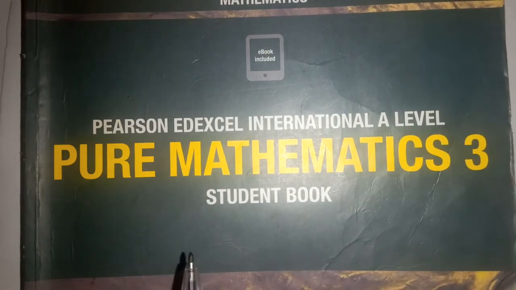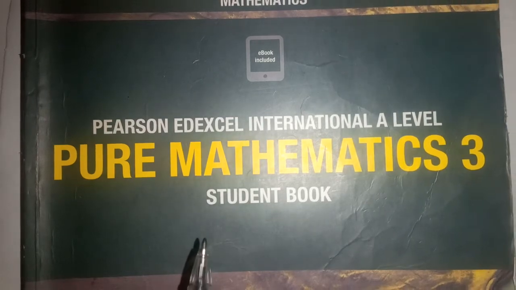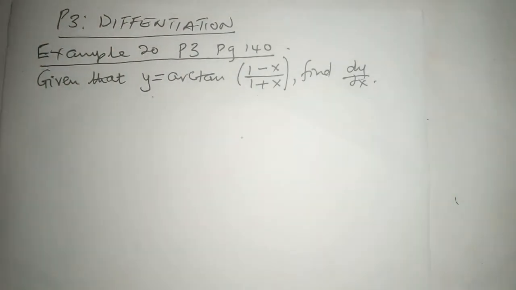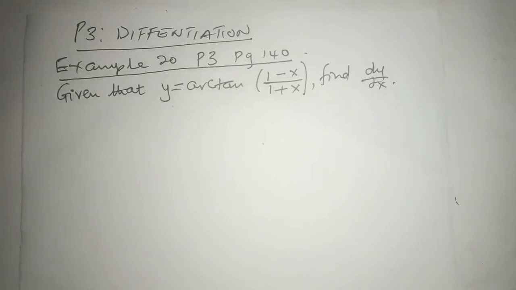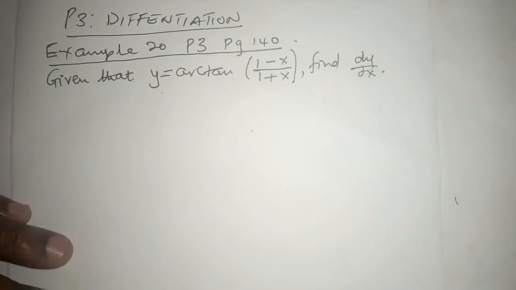And today we shall be discussing the very last example of topic number 6, differentiation. We're looking at example 20, page 140. That example is quite important, so I want us to follow closely.